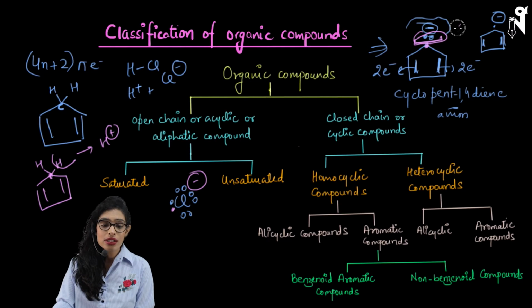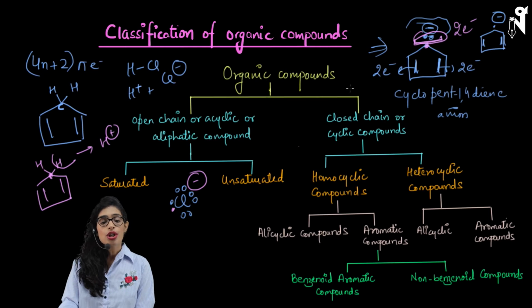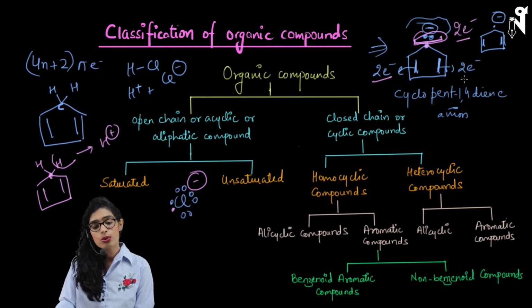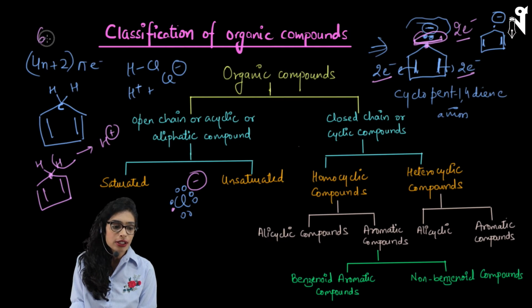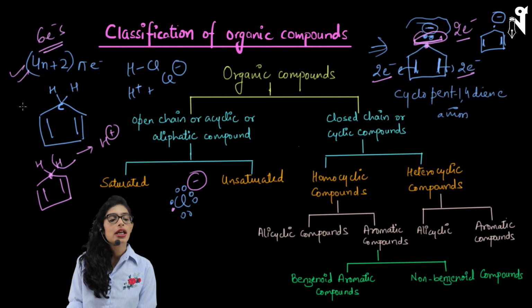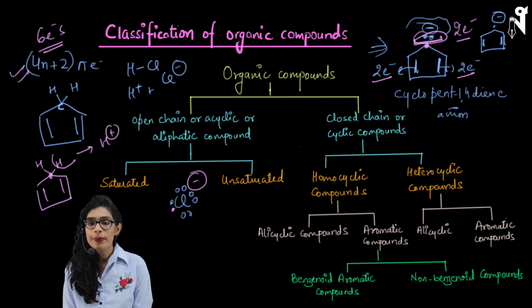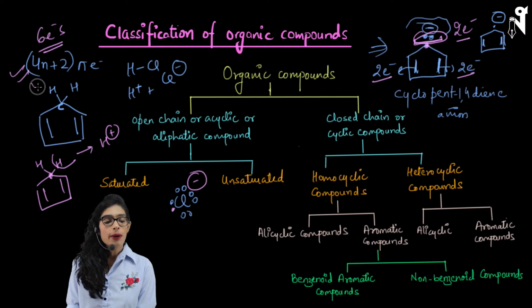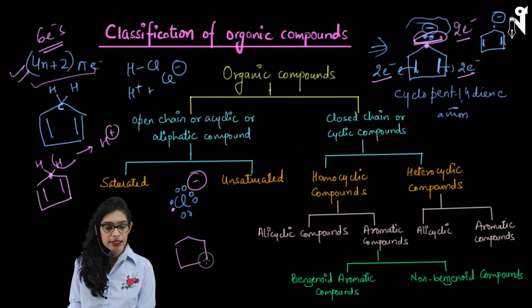So that means I will consider these electrons also for my calculation. Two electrons here, two electrons here, two electrons here, so a total of 6 electrons, and hence it satisfies the condition of 4n plus 2 pi electrons present in this compound, which looks like this.